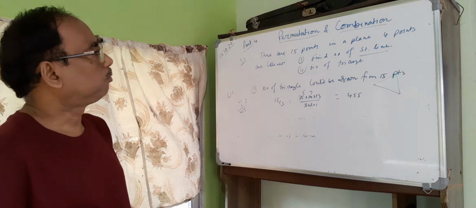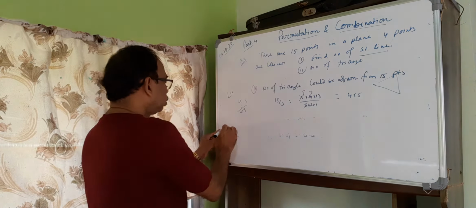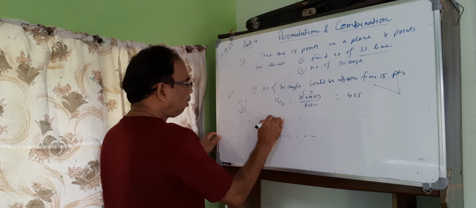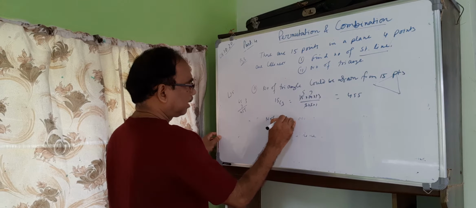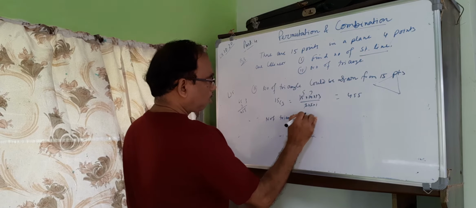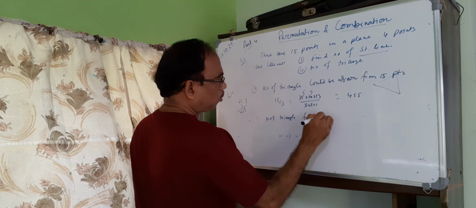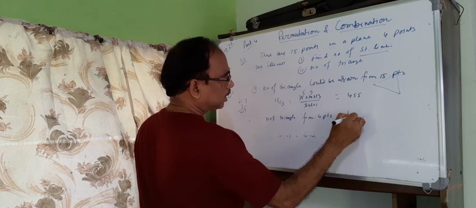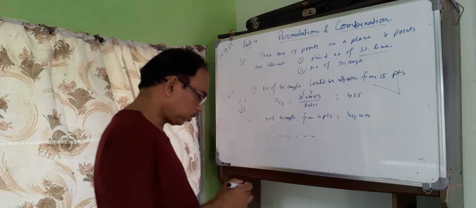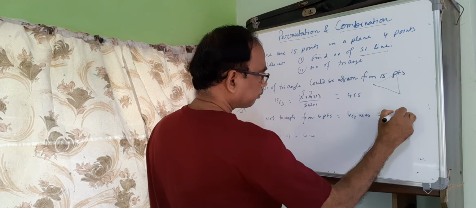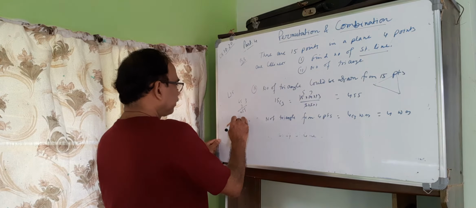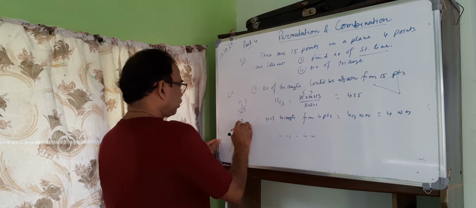But here 4 points are collinear. Now triangles from 4 points is 4C3 ways, because 3 points make a triangle. 4C3 means factorial 4 by factorial 3, that is 4.